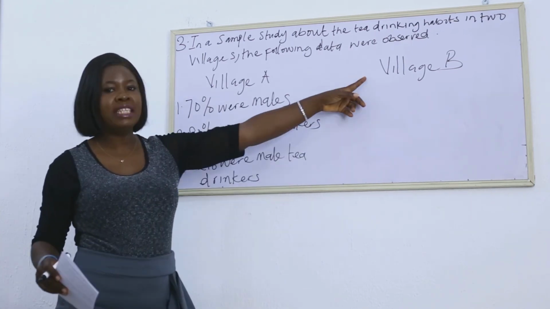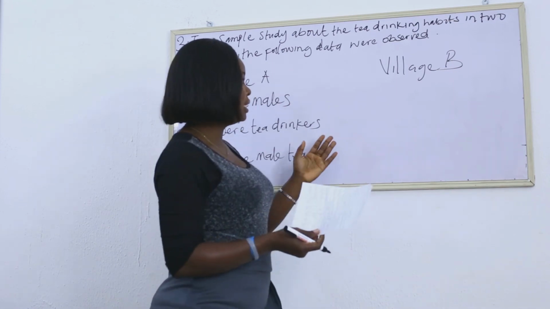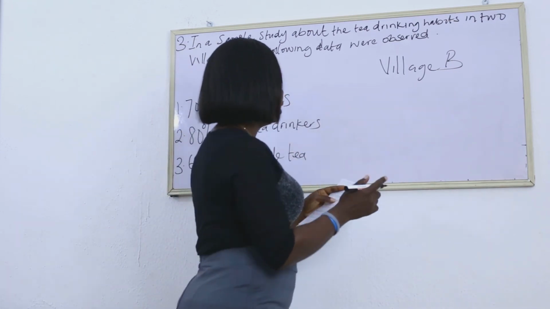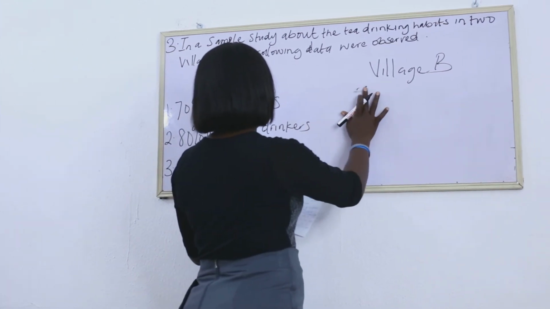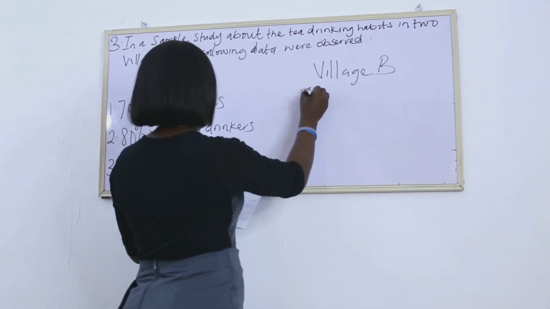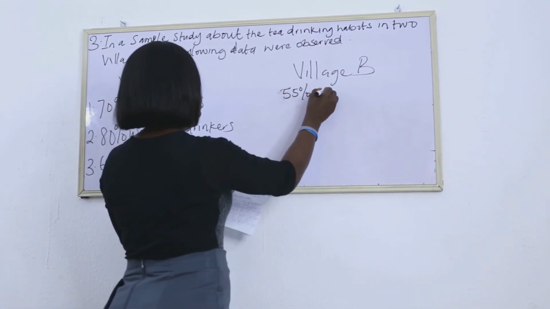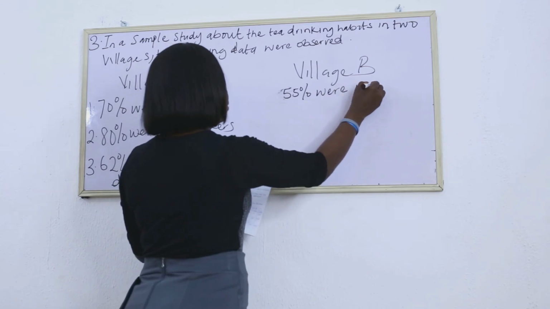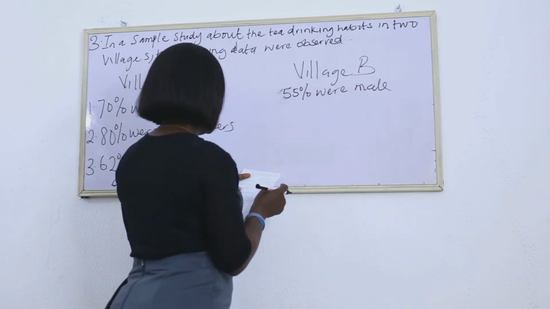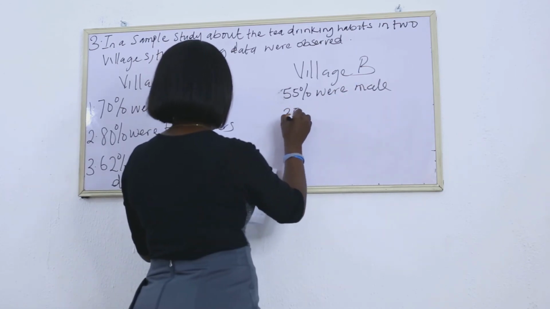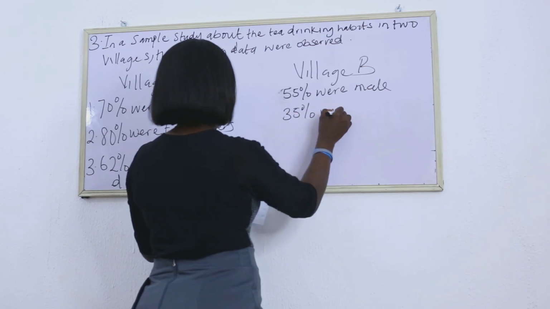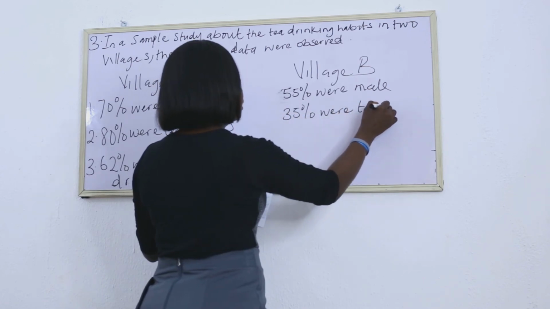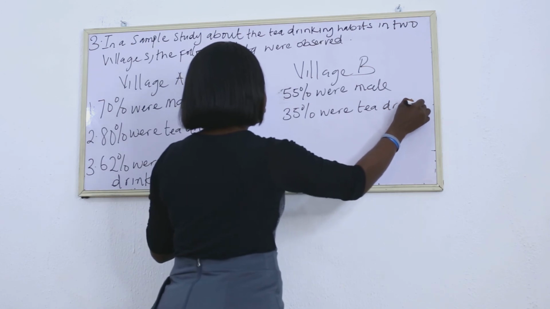And for village B, the same pattern of question is repeated. The first one says 55% were male. Then 35% were tea drinkers.